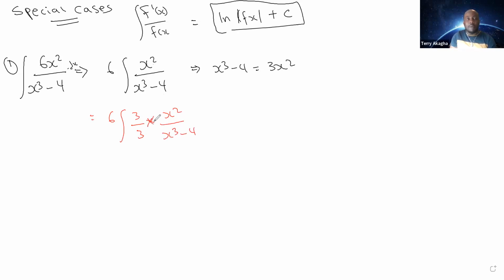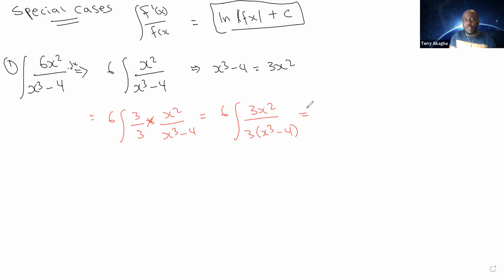I've not changed anything, because 3 divided by 3 is 1. Does that make sense? So that gives me 6, integrating 3x squared over x cubed minus 4.